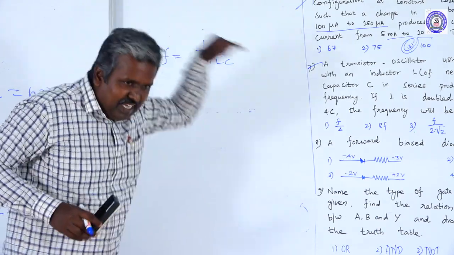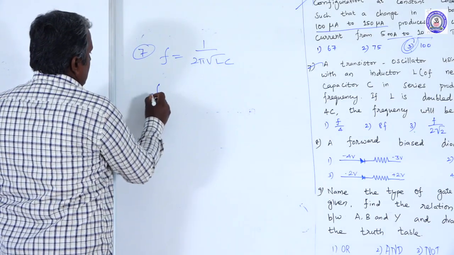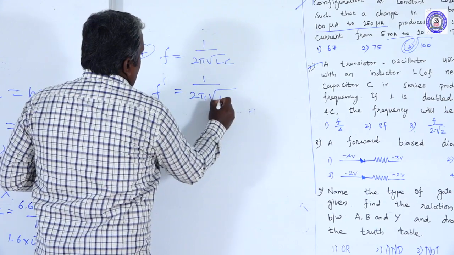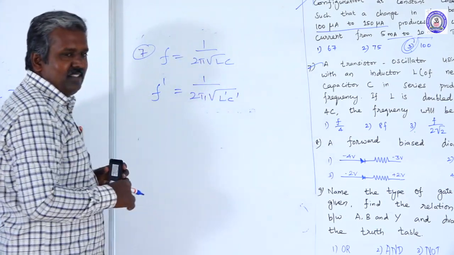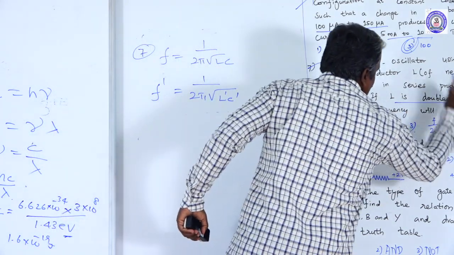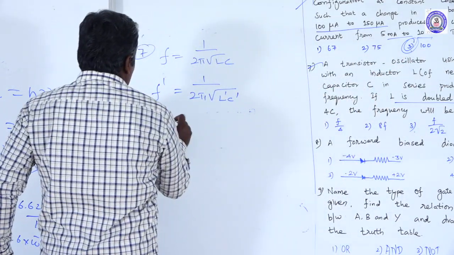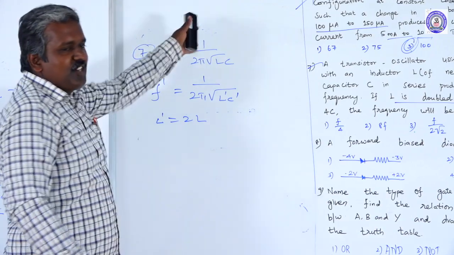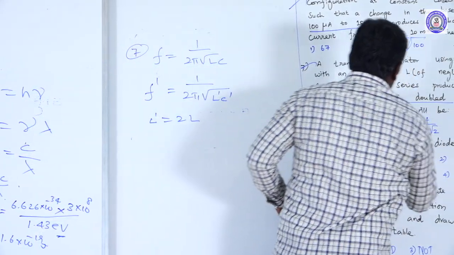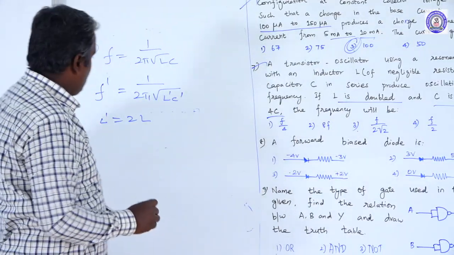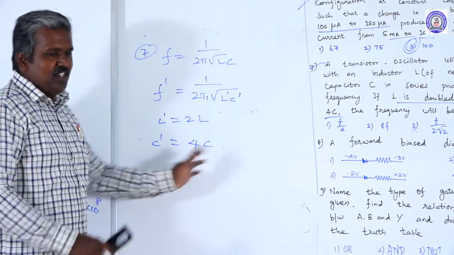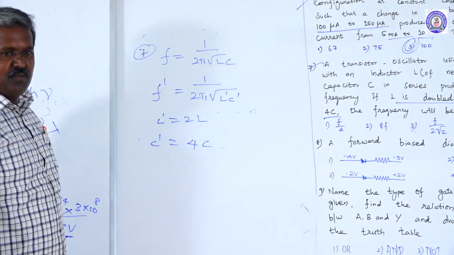Here we are asking F dash, which is equal to 1 by 2 pi root of L dash C dash. Here what is L? Doubled. So L dash means 2 times the initial value. C is changed to 4C, so C dash is equal to 4C, 4 times the initial value. Come on, try yourself. Very simple.